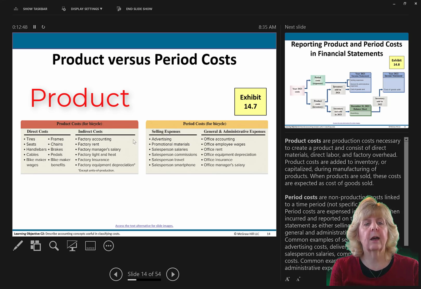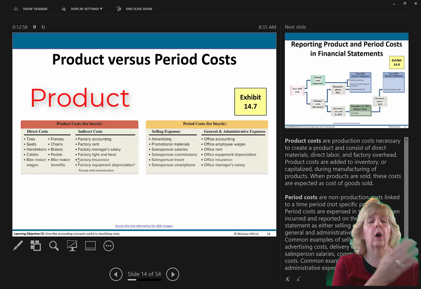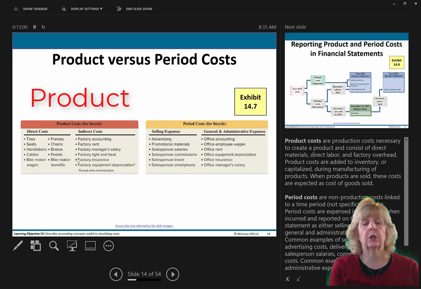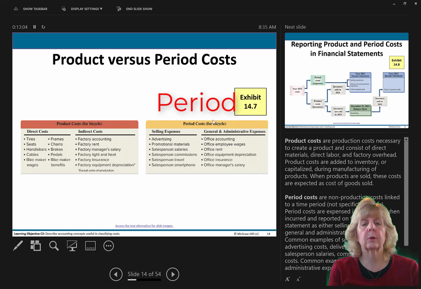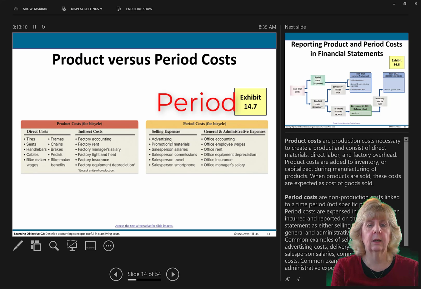Product costs have future value. That's why they are capitalized or placed on the balance sheet. You'll see in our exercises later today, we'll actually watch the costs go through the balance sheet. Period costs, however, are non-production type costs, and the 2 categories for the period cost are selling and G&A.